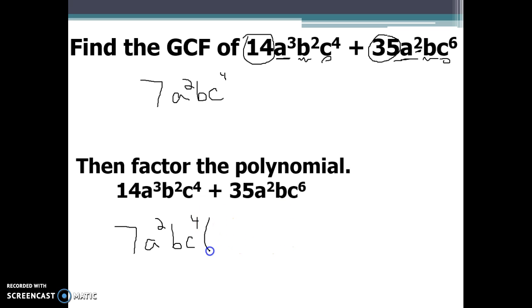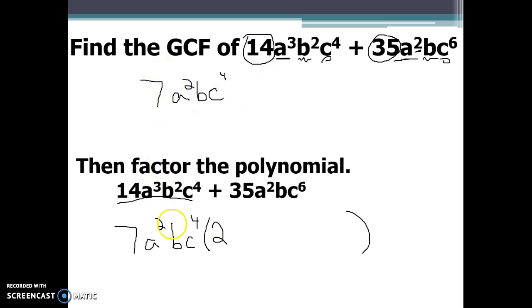Inside our parentheses, we take each of these pieces and think about what would happen if I took them out. For example, if I have a 14 and I take a 7 out, what's left over? 14 divided by 7 is 2, so a 2 is left over. You'll notice I'm basically doing the opposite of distributing. Instead of multiplying, I am dividing to figure out what's left over. That's what factoring is, the opposite of distributing.